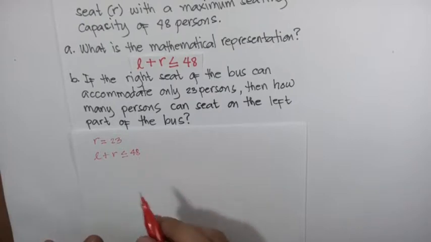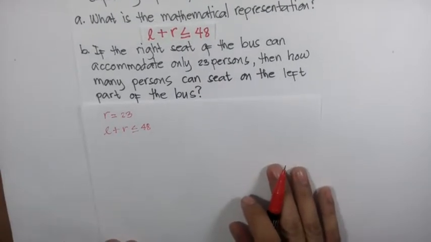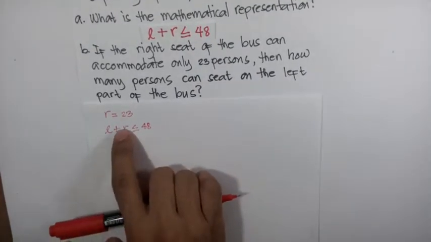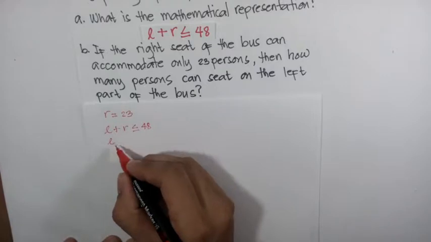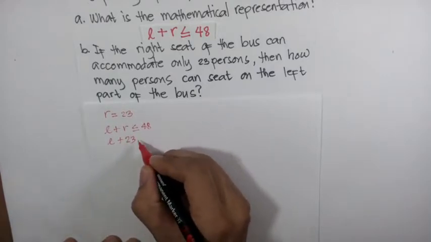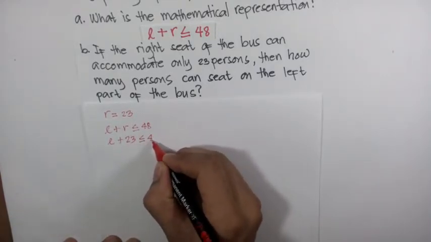What you are going to do is substitute or replace the R with 23 so that you can find the left seat of the bus. So that would be L plus 23 is less than or equal to 48.